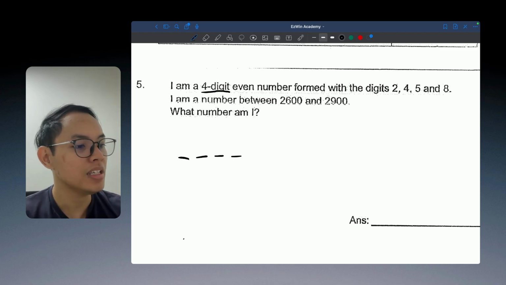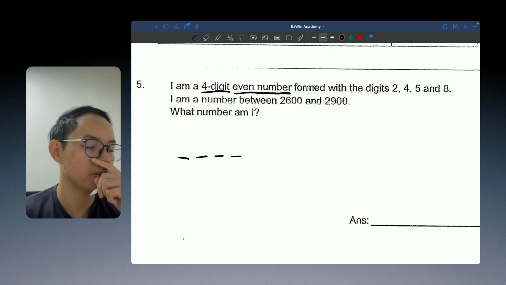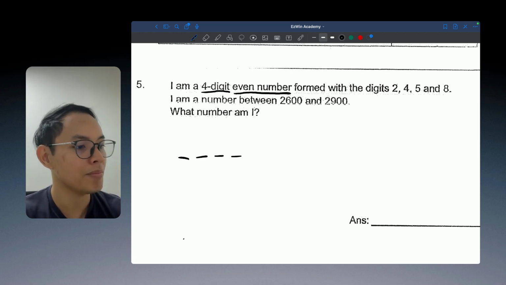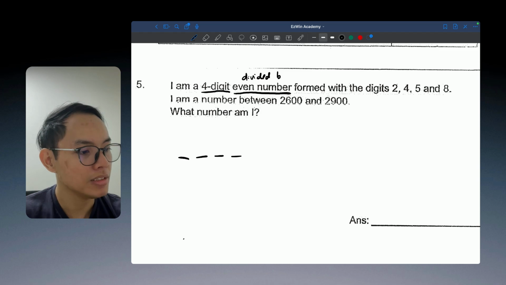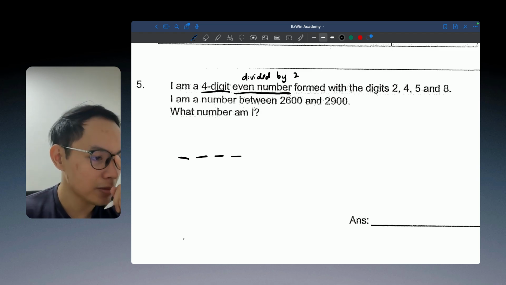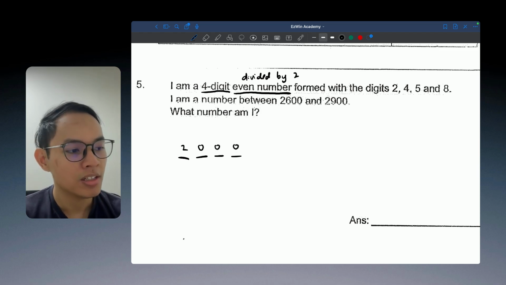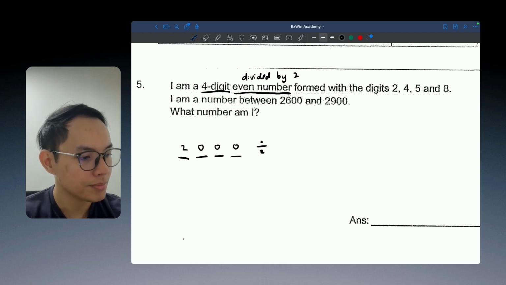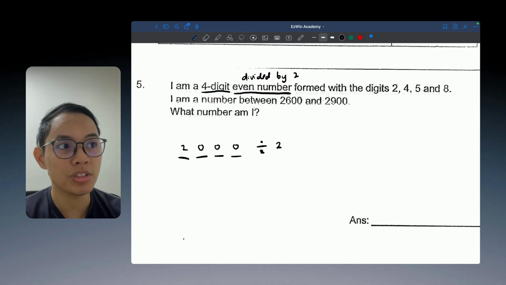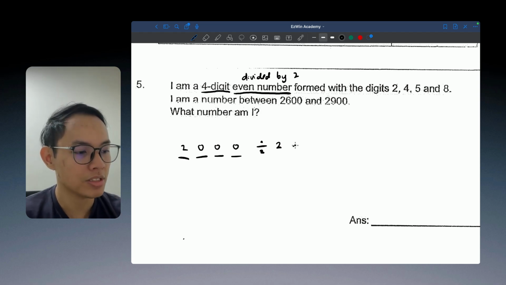And then it says here even number. What does even number mean? Even number means it can be divided by 2. For example, if you have 2,000, then this can be divided by 2. 2,000 divided by 2 is essentially 1,000.